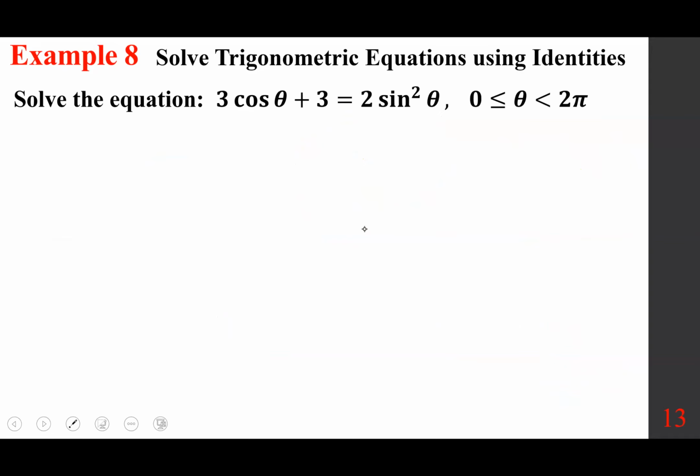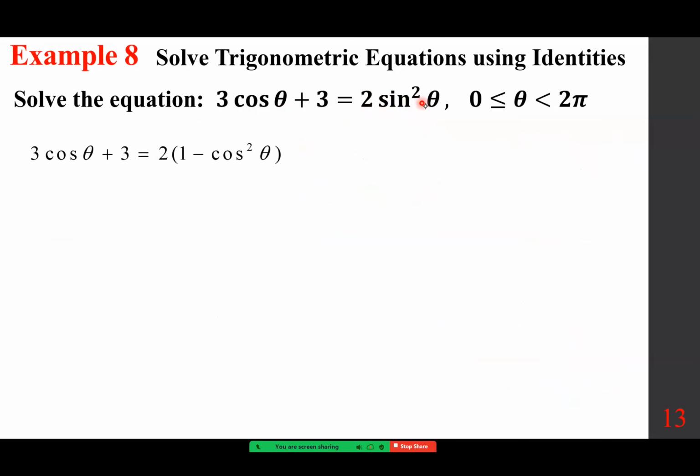Now, 3 cosine theta plus 3 equals 2 sine squared theta. On the left side, we see cosine, so we can change this to a cosine. We replace the sine squared by 1 minus cosine squared. So we get on the right side 2 minus 2 cosine squared theta.